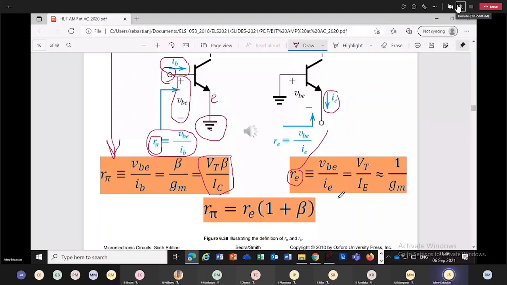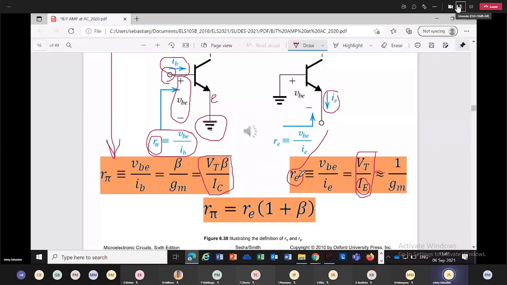It can be found as VT over IE, which is nearly the same as 1 over GM. Why is it 1 over GM? Because IC divided by VT is GM, and IE and IC are nearly the same. That is why we put an approximately sign there. So RE is the input resistance looking at the emitter.